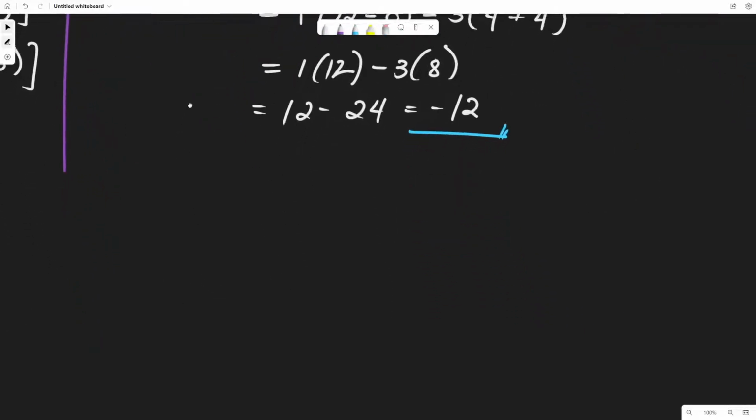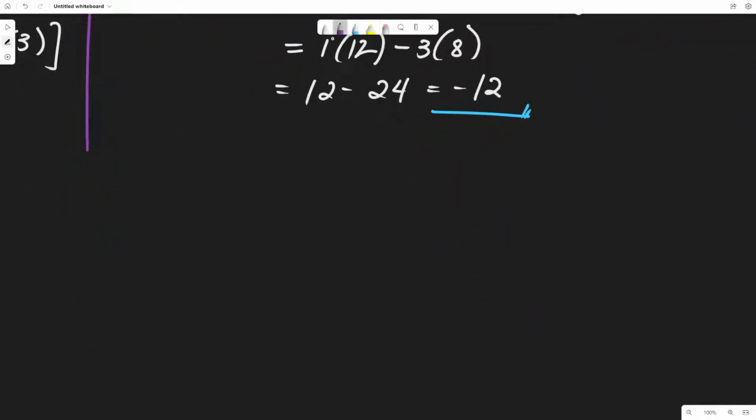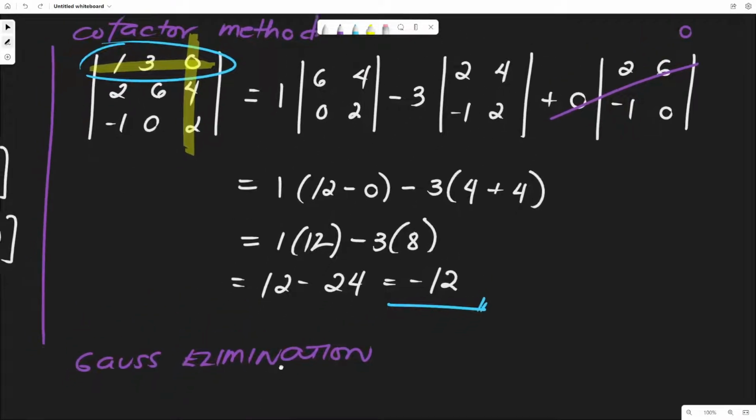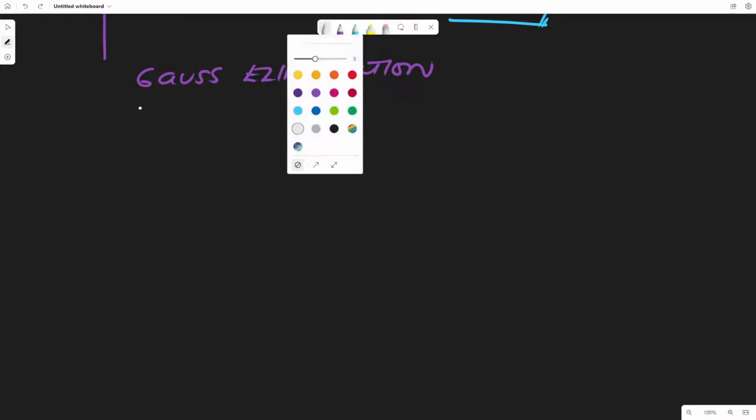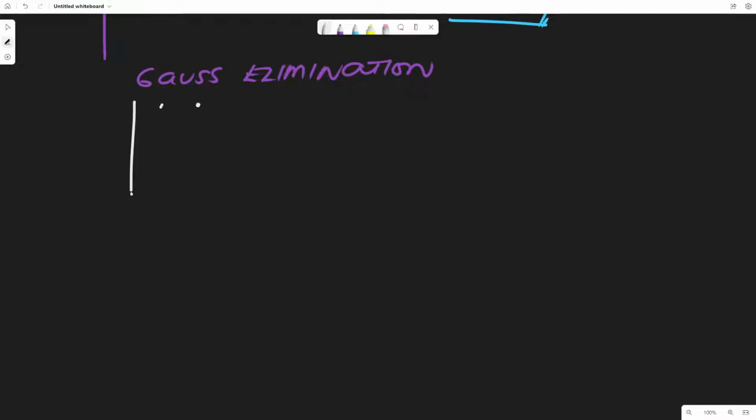And lastly, using Gauss elimination, lagay ko na lang dito. So, paano ba to? Now, convert nyo lang into Gauss elimination, no? Yung ating upper triangular. Kopyahin ko lang, no? So, we have here 1, 3, 0.